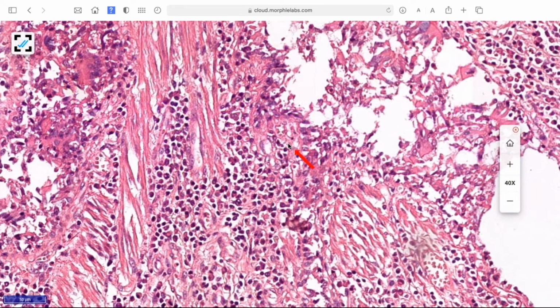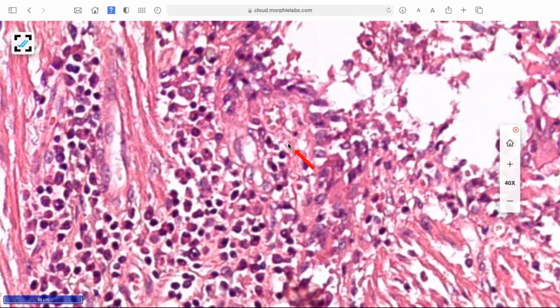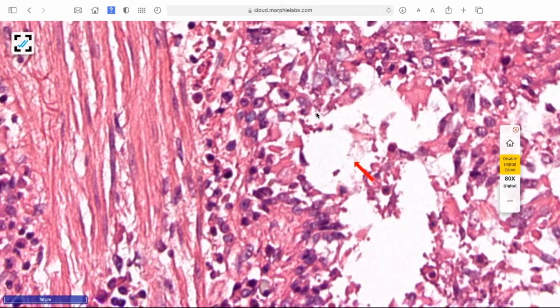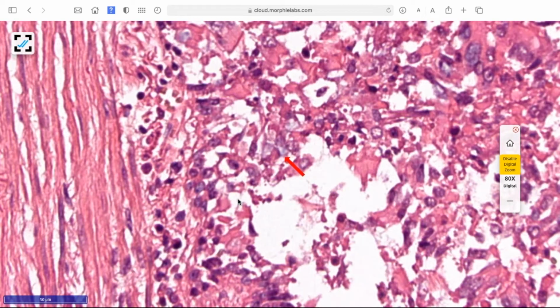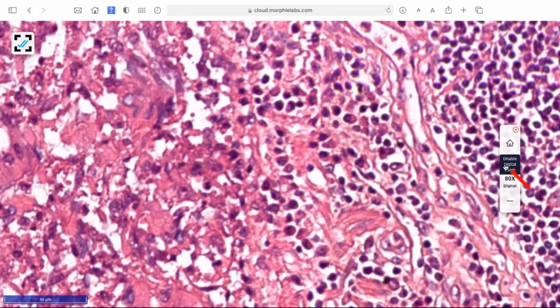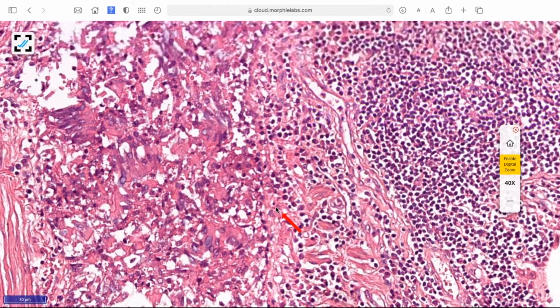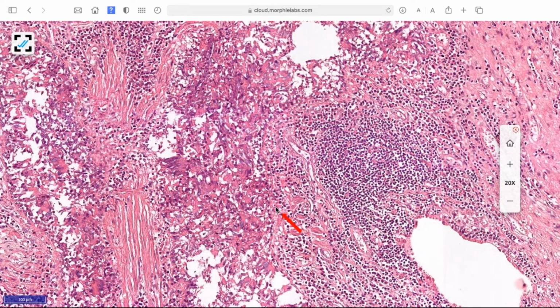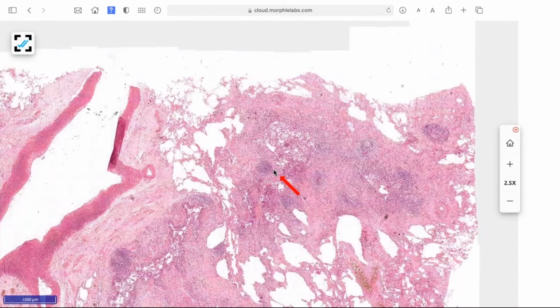Unfortunately, I cannot show it as refractile here, but when I put it under the microscope and reduce the light, some refractile material is there. So hectic inflammation, some refractile foreign body material, and that inflammation is around the blood vessels. We have to think of aspiration.